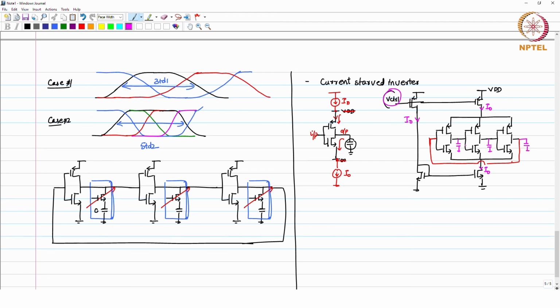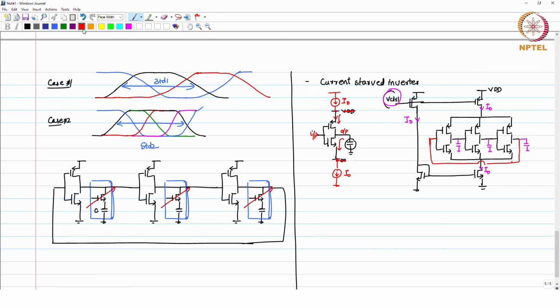It will increase the delay, as compared to the minimum delay, and it is going to limit the output frequency. So, you have seen a couple of ways in which you can control the frequency, one by changing the capacitive load, another by changing the current.